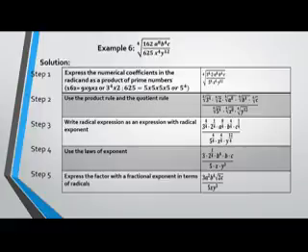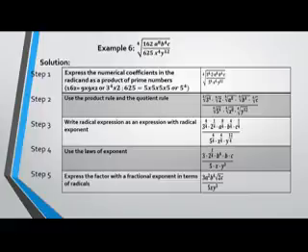Step 2 is to use the product rule and quotient rule. So this will become 4th root of 3 to the power of 4 times 4th root of 2 times 4th root of a to the power of 8 times 4th root of b to the power of 4 times 4th root of c all over 4th root of 5 raised to the power of 4 times 4th root of x raised to the power of 4 times 4th root of y raised to the power of 12.